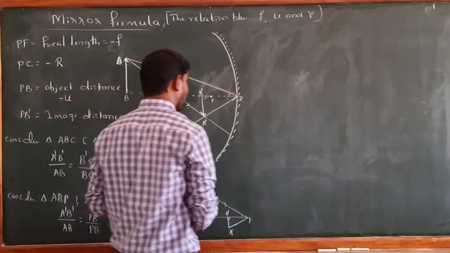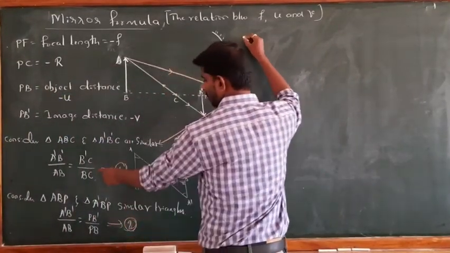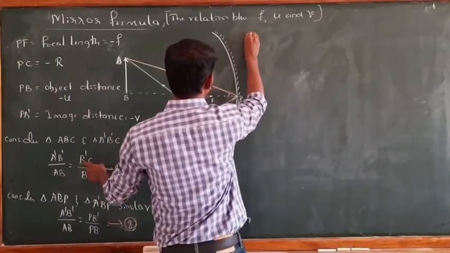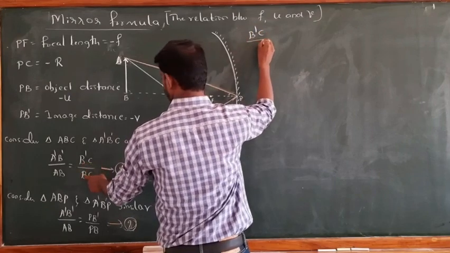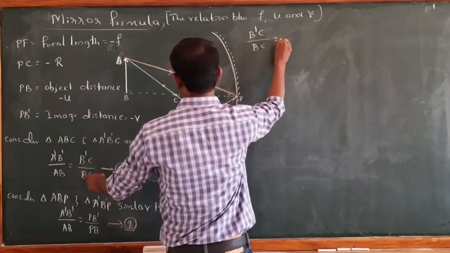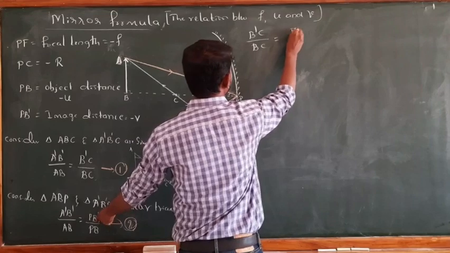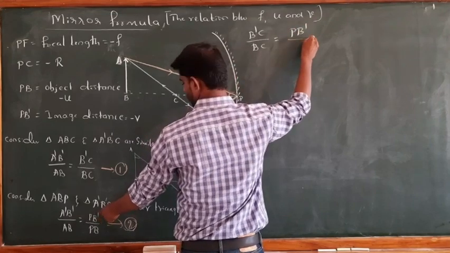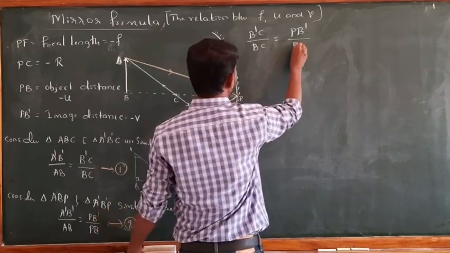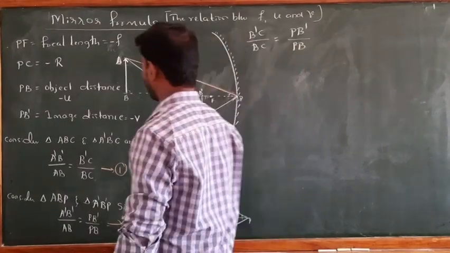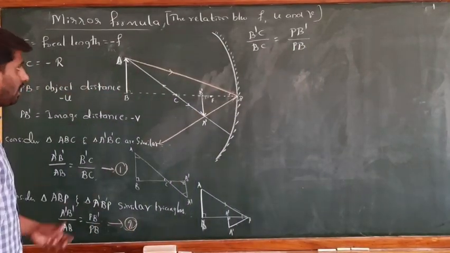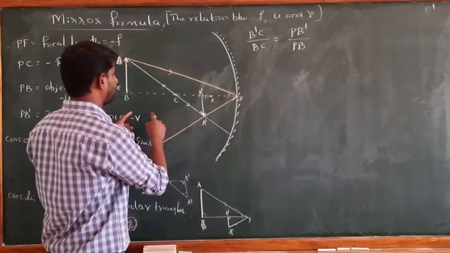I'll continue this. Now B dash C divided by BC is equal to PB dash divided by PB. Where is B dash C?